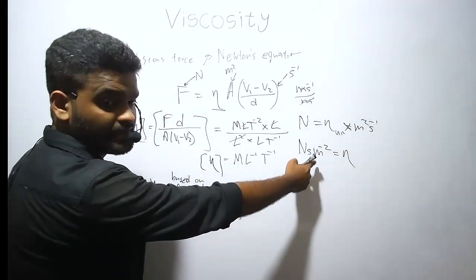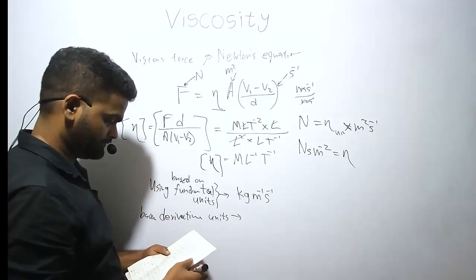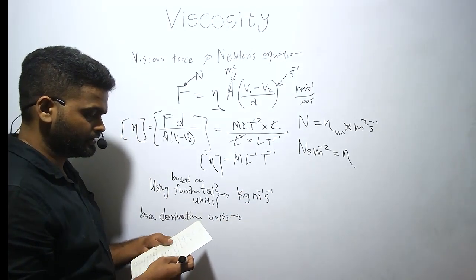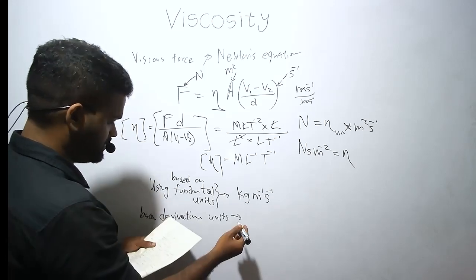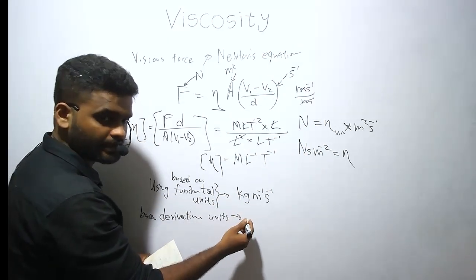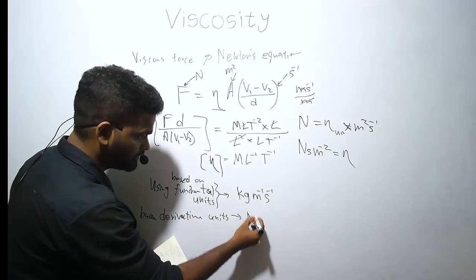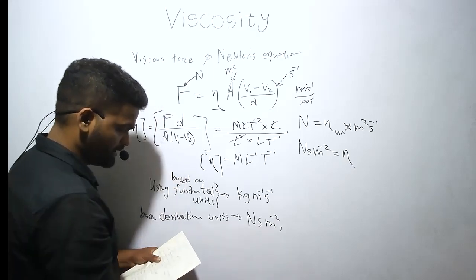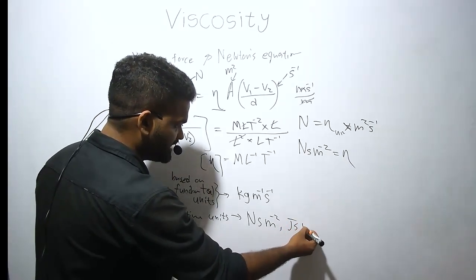So that is the derivative unit. Derivative unit, right? You don't have to write this. So another one, Newton second per meter squared. There's another unit, joule second per meter cube as well, right?